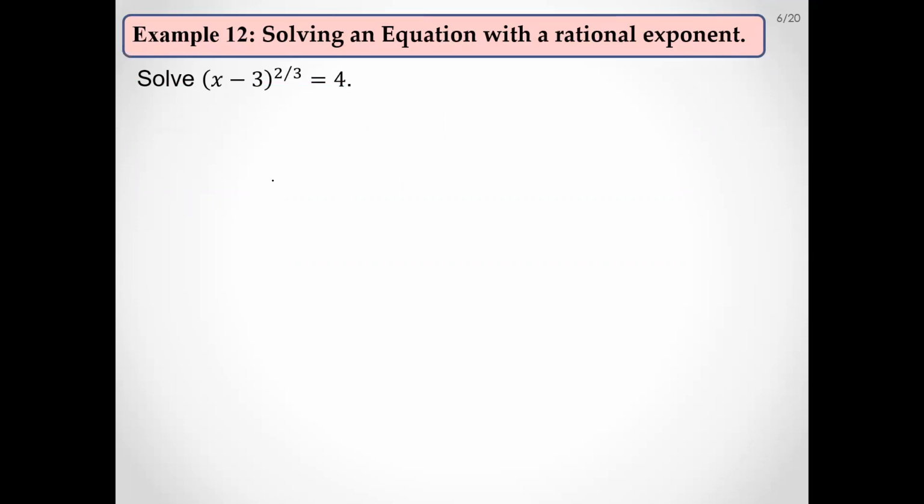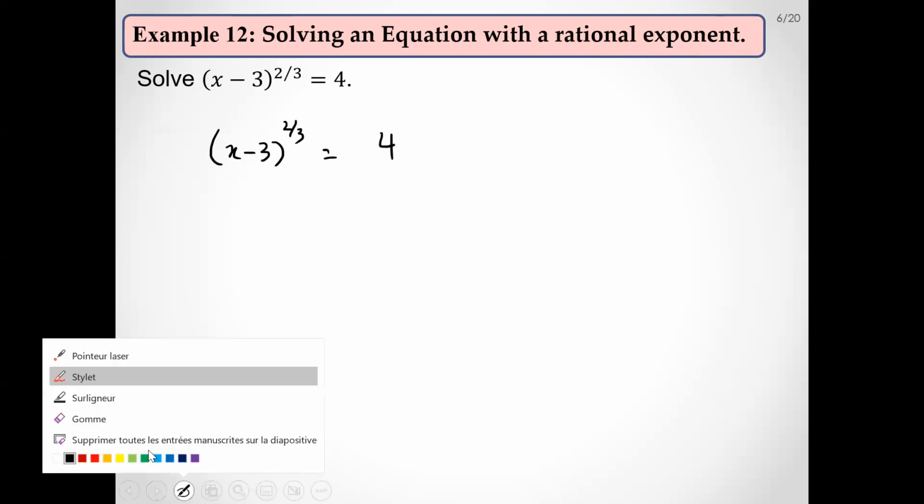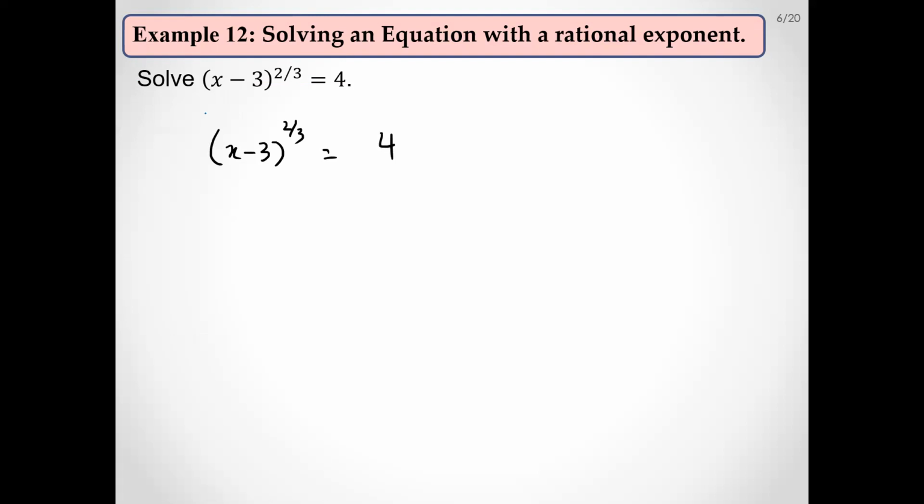So we isolate the term with the rational exponent and we multiply by the reciprocal. So this is the original equation. We raise to the power 3 over 2. But be careful here. This is the difficult part.